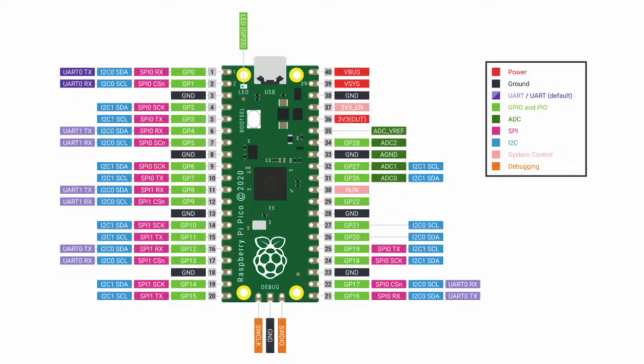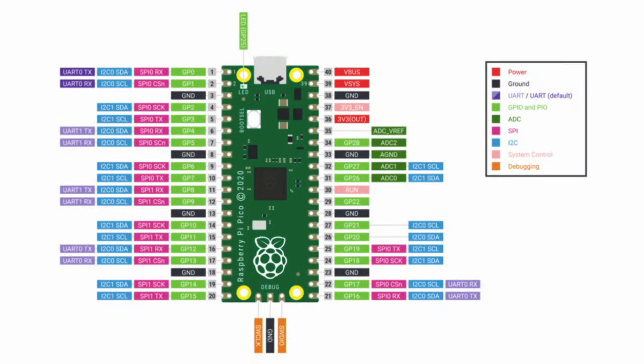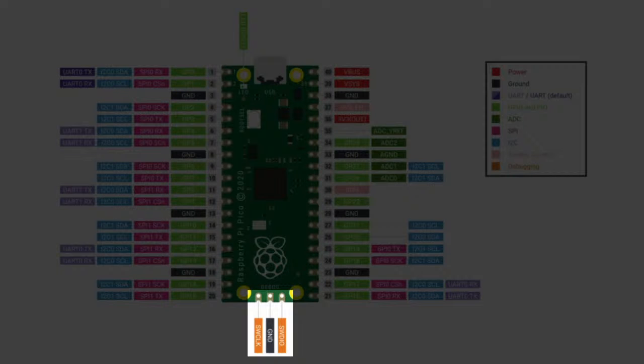So you'll notice that pin 36, for example, outputs 3.3 volts. You'll see the light green is for general purpose input and output. And then there are some other colors. For example, there's orange for debugging. And if you go back to the board, you'll see that the debugging pins are at the bottom of the board.